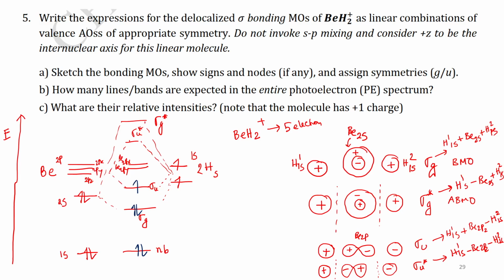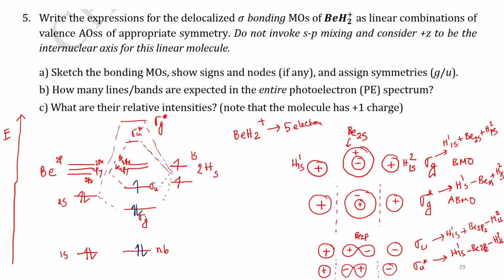Photoelectron spectrum means you are putting some energy of photons and then your electrons are ejecting, and based on that you are getting a photoelectron spectrum.